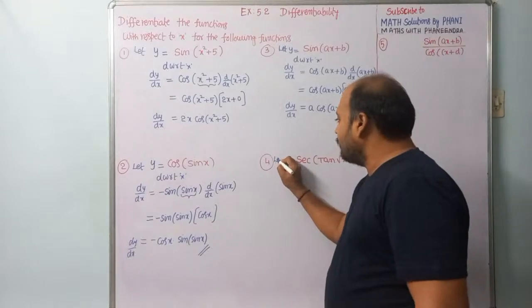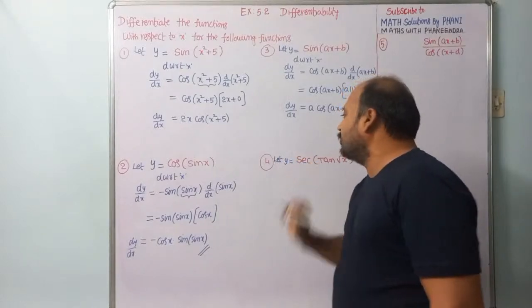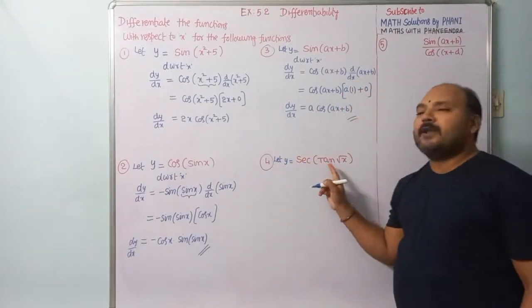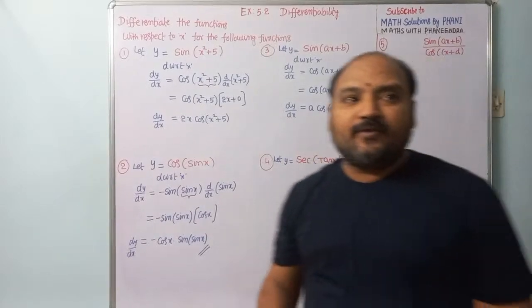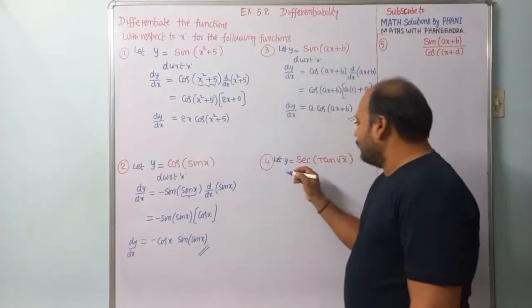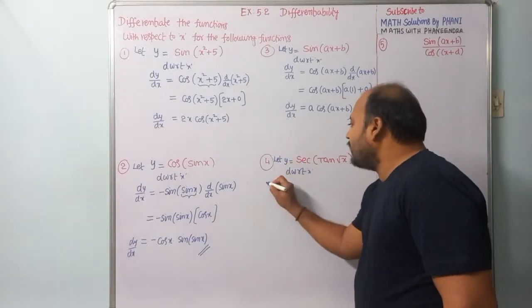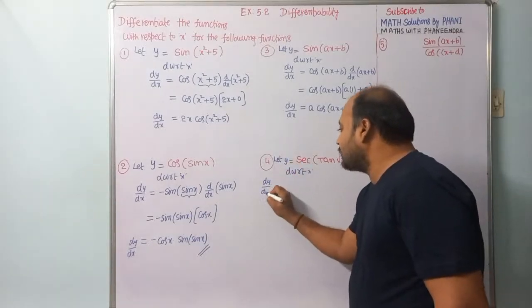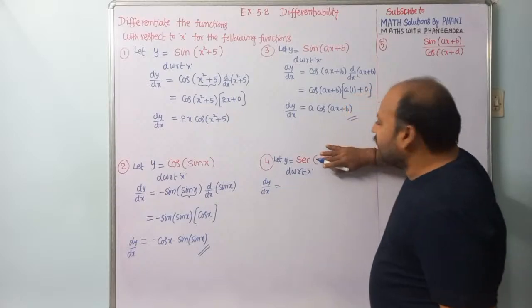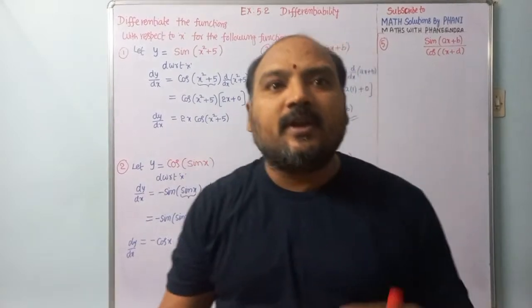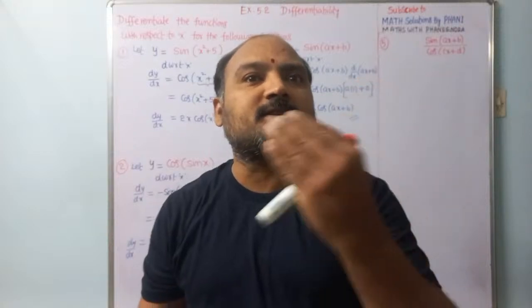Next, question number 4. Let y equal to secant of tan root x. So how do we do this type of problem? Differentiate with respect to x. dy by dx: it is in the form of secant x. What is d by dx of secant x? It is secant x tan x.